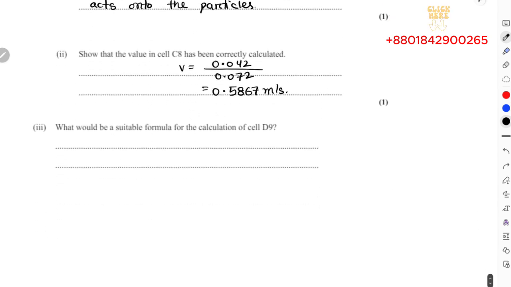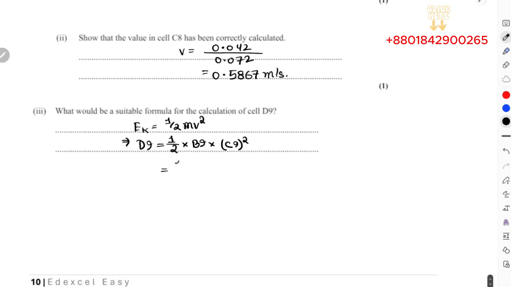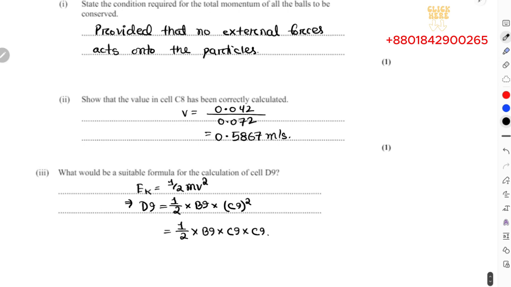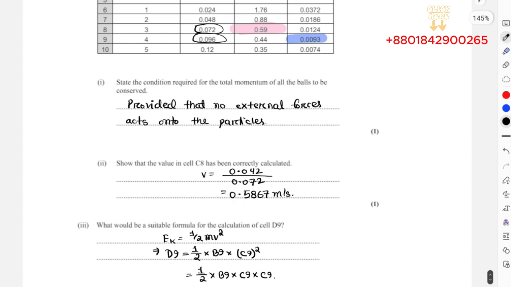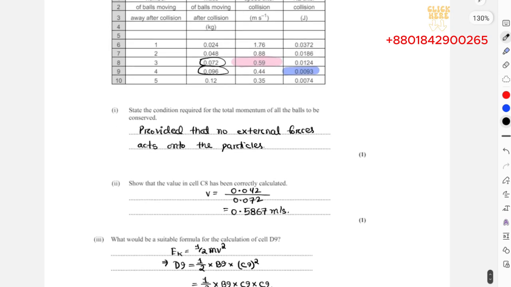So using the cell numbers, kinetic energy in the cell D9 is half, mass was in B9, and velocity was in C9, so C9 square. Or you can also write this as half B9 multiplied with C9 multiplied with C9. That is the formula that will be required to calculate D9, or the kinetic energy of those four balls together, right? Yeah, this is it.